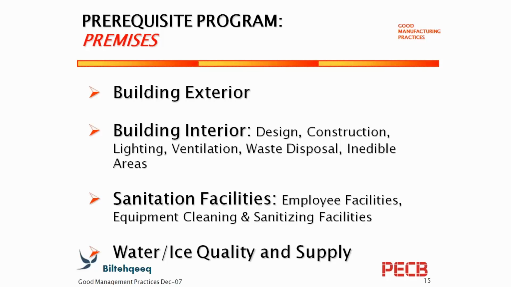the external environment. And the other is the building interior, the design, the construction, the lighting, the ventilation, the waste disposal, and inhabitable areas. Because when you are going to set or arrange your operation for the food management system, you have to be more conscious.